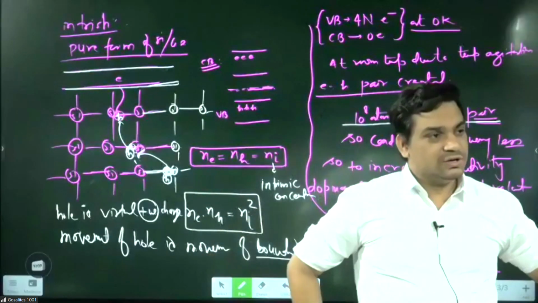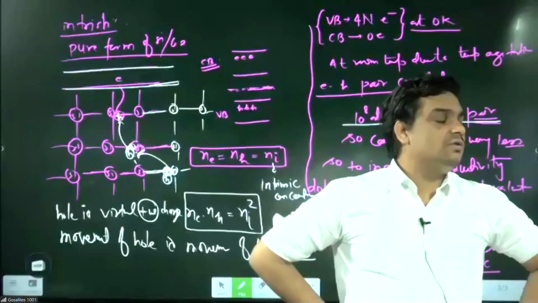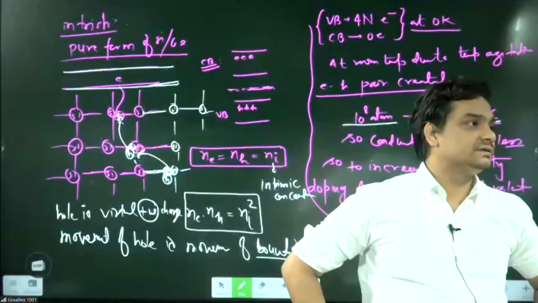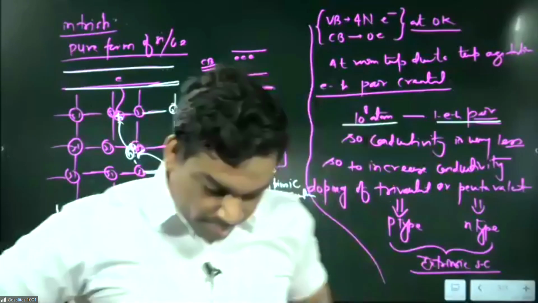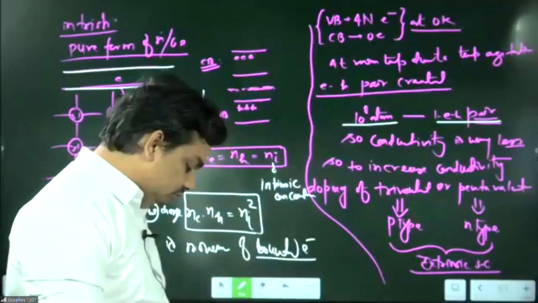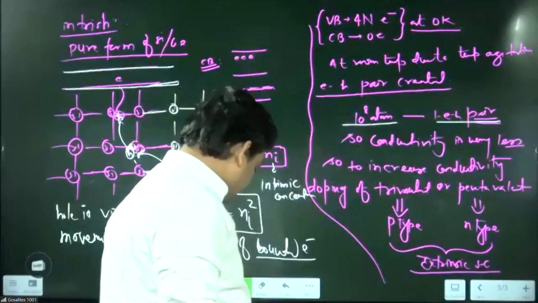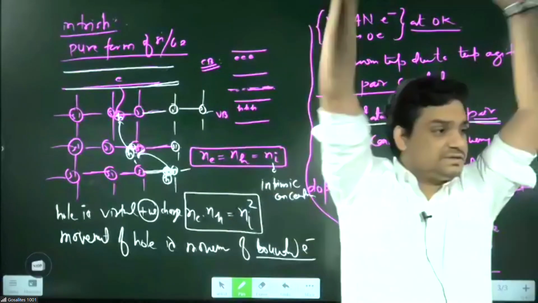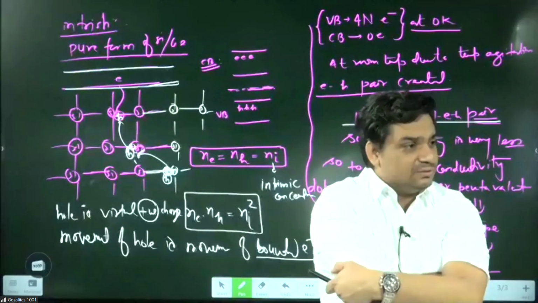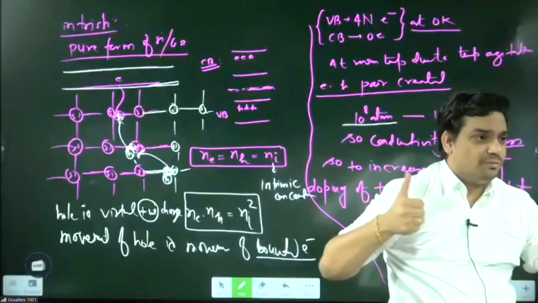So you can write: mobility of electrons is more than holes.